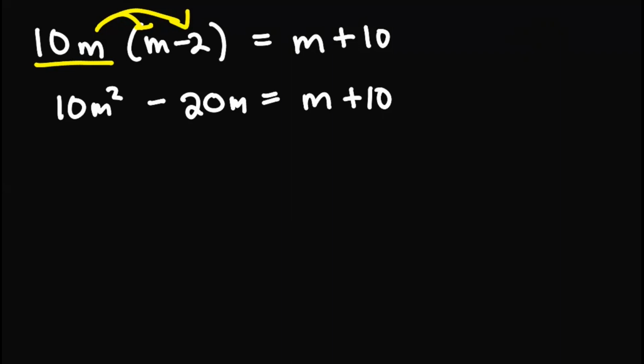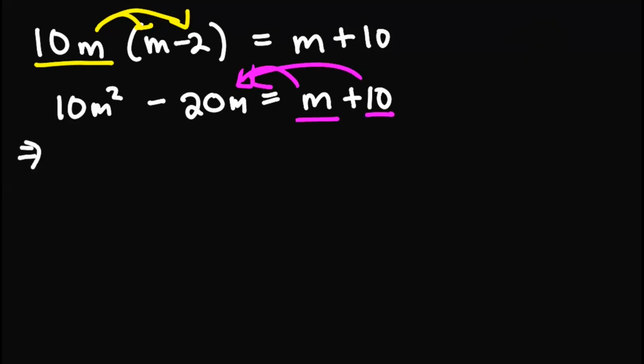From here, again, our goal is to move every variable in one side of the equation and leave the other side to be 0. So doing that, we move m to the left side and then 10 to the left side.